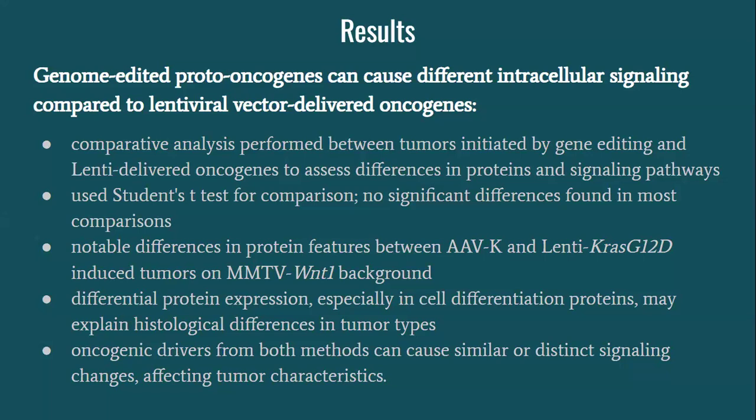So that was what we needed, right? Like on the tumor-induced background, how the effect is. Then differential protein expression, especially in cell differentiation proteins, may also explain histological differences in tumor types. So oncogenic drivers from both methods can cause similar or distinct signaling changes affecting the tumor characteristics. Here they have talked about breast cancer, but this can also be applicable to other cancers, and several studies can be done based on that.